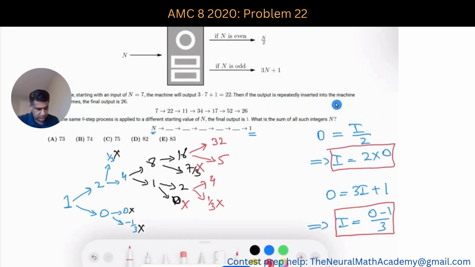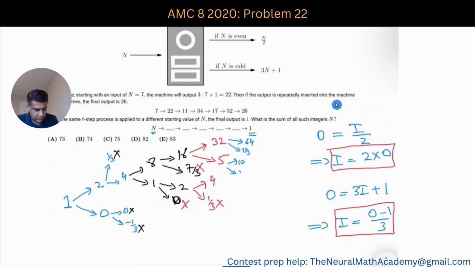So now let's move to the sixth step. So I get 64. And the second possibility that I get is 32 minus 1 over 3, that is 31/3. From here I get 10, and also I get 4/3.